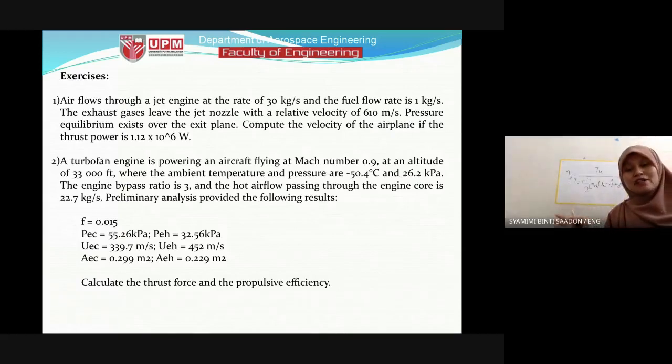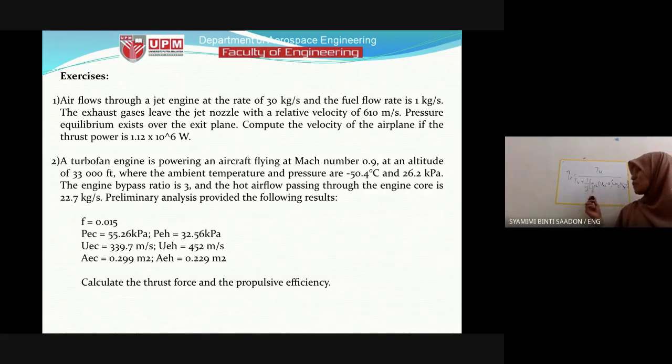The definition is the same as in a thermodynamic cycle, right? We have the total power inserted, and above is the actual power produced. So that is the definition of propulsive efficiency: the thrust power produced over the thrust power plus the power wasted, the energy loss.